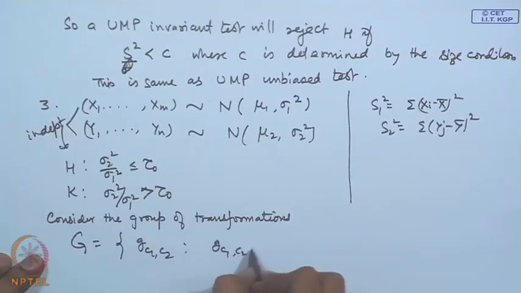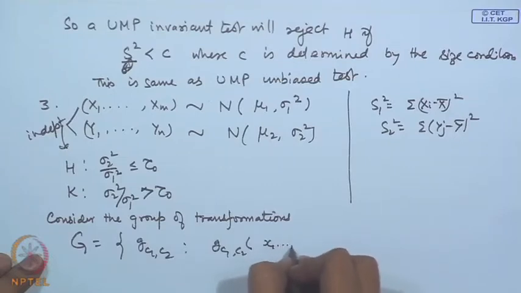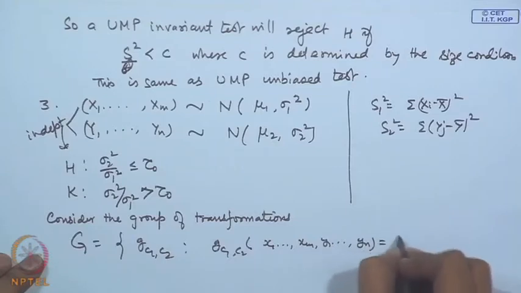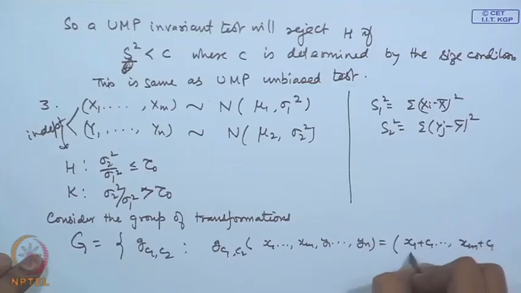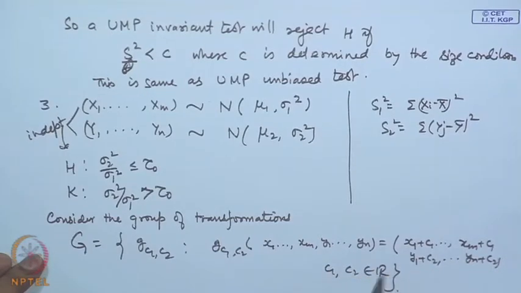Under G of C1, C2, x1, x2, ..., xm, y1, y2, ..., yn are transformed to x1 plus C1, x2 plus C1, ..., xm plus C1, y1 plus C2, and so on, yn plus C2, where C1 and C2 are real numbers. So, here you see the xi's are shifted by C1, the yi's are shifted by C2.